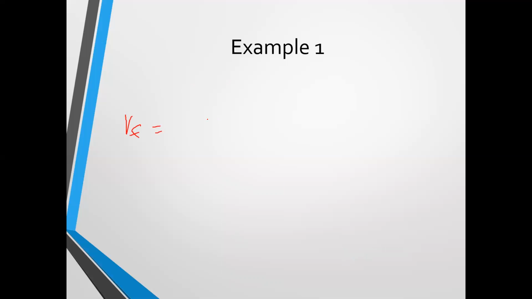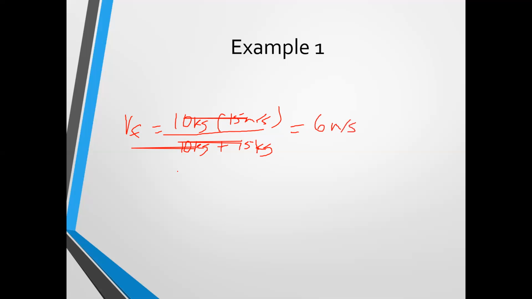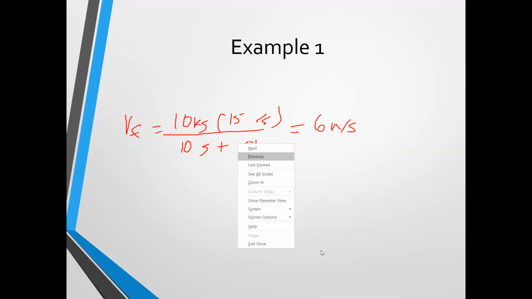We'll say VF equals 10 kilograms times 15 meters per second divided by 10 kilograms plus 15 kilograms.